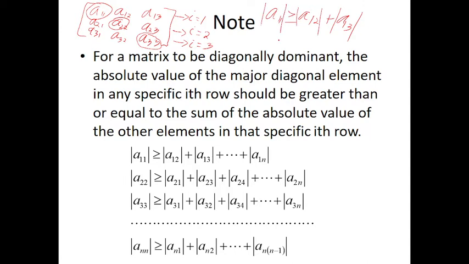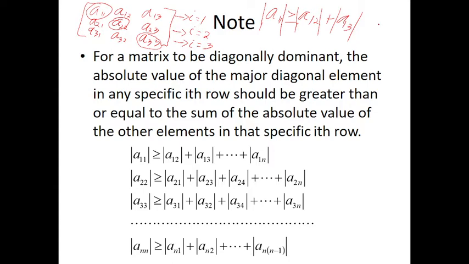Considering all the elements in row 1, A11, A12, A13, since A11 is the element on the major diagonal, it should be greater than or equal to the sum of A12 and A13.